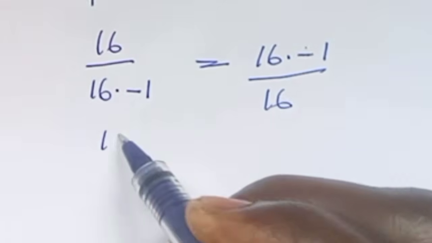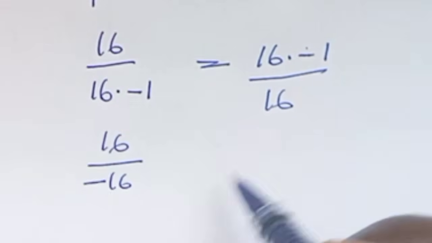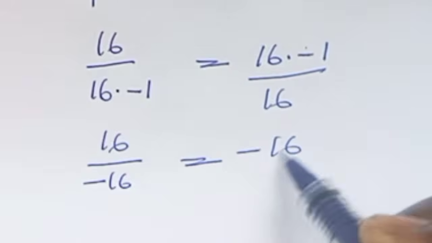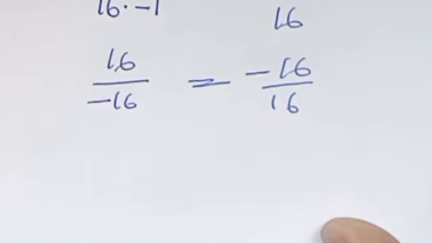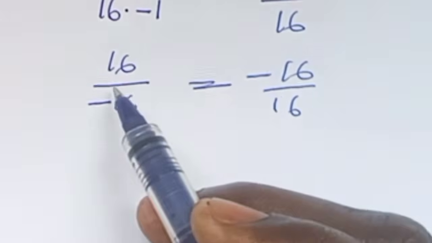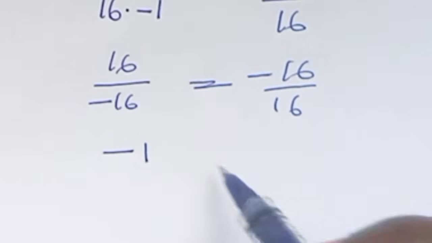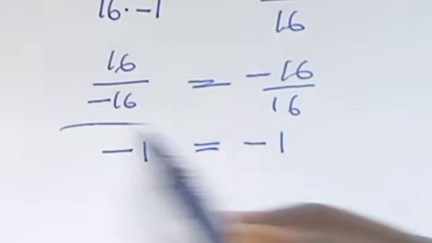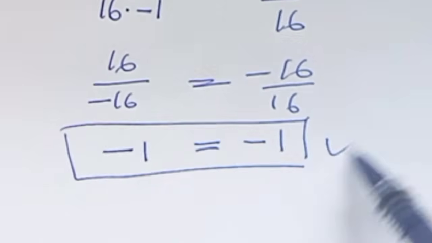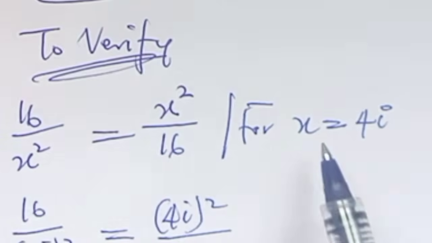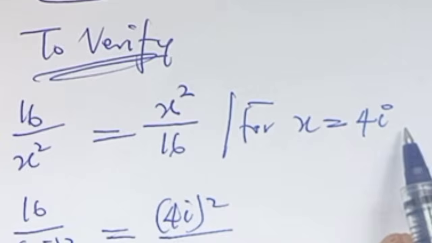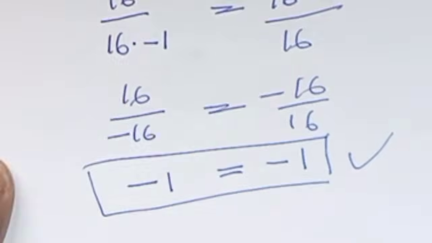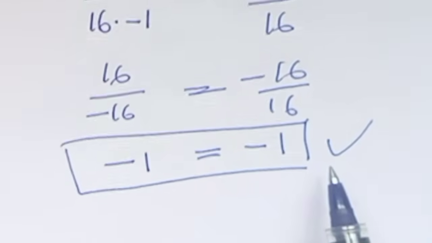And this ends up being 16 over minus 16 equals minus 16 over 16. And 16 over minus 16 is minus 1, equals minus 1. So that means it is true that x equals 4i because it satisfies the equation, the right hand side is equal to the left hand side.